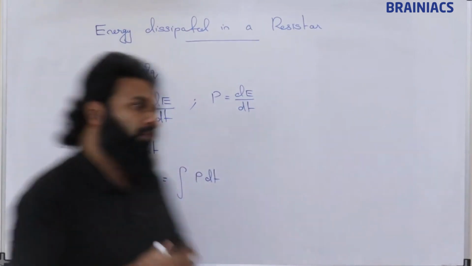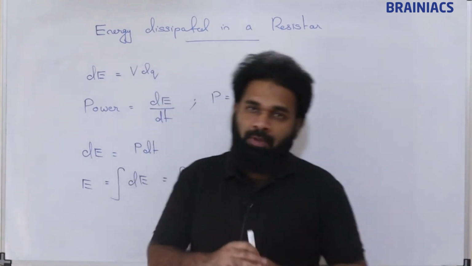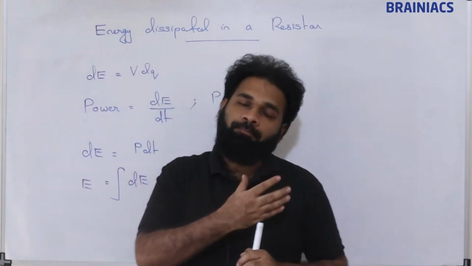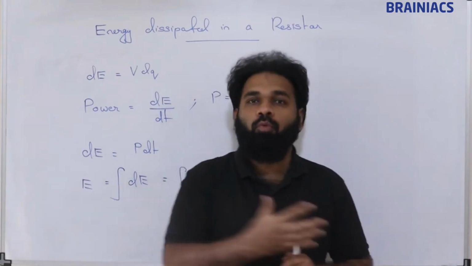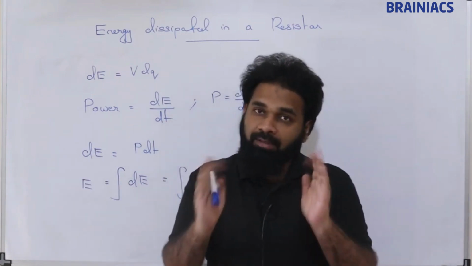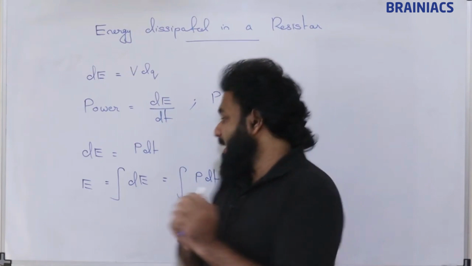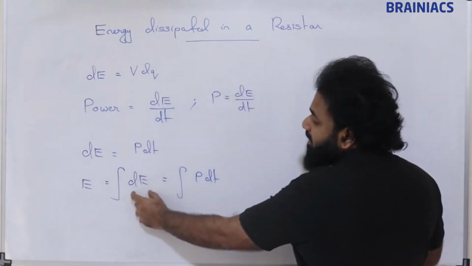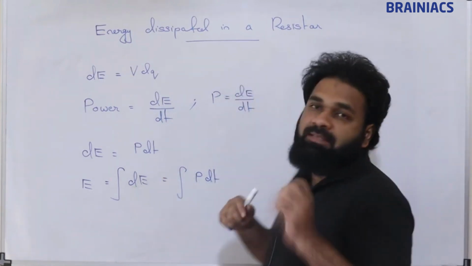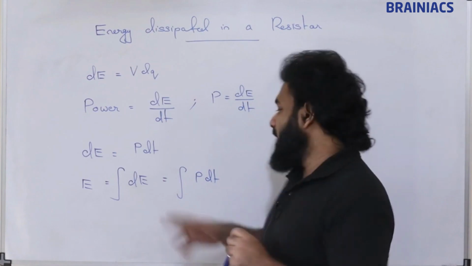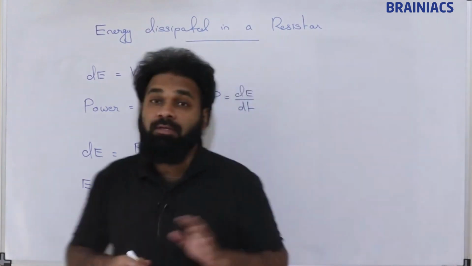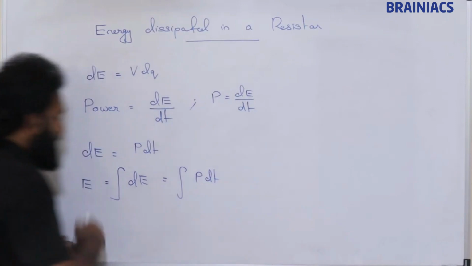So for some duration of time, a current will be flowing or some charges will be moving. For that stipulated time, how much is the energy that is dissipated across the resistor? We can find it. This formula is always valid.